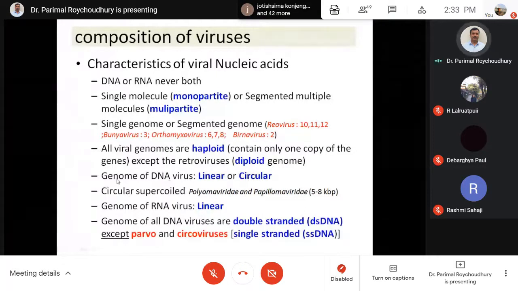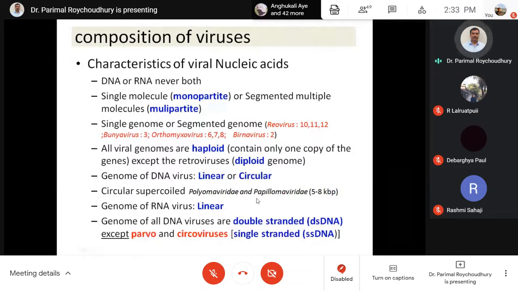Then again, among the DNA viruses, the genome may be a linear molecule, linear with both ends open, or circular. There are certain circular supercoiled DNA, which is the nature of plasmids or bacterial chromosomes. We could see this among the DNA viruses. So the DNA virus genome may be a linear or a circular molecule.